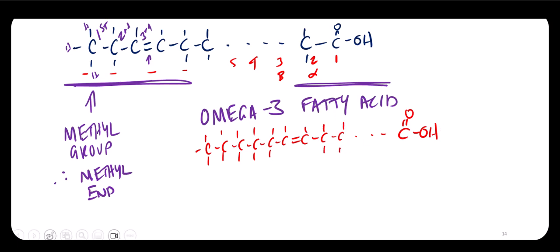So we said I'm going to count from the methyl end. First carbon to touch a double bond makes it whatever number omega it is. First carbon, second carbon, third, fourth, fifth, sixth. That's the one. So that makes it an omega-6 fatty acid.